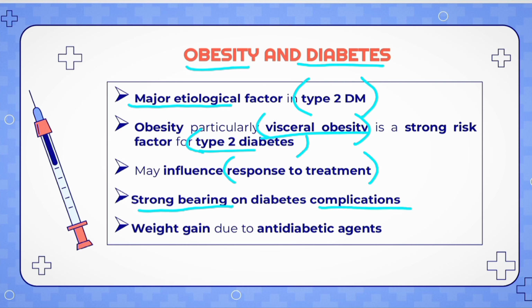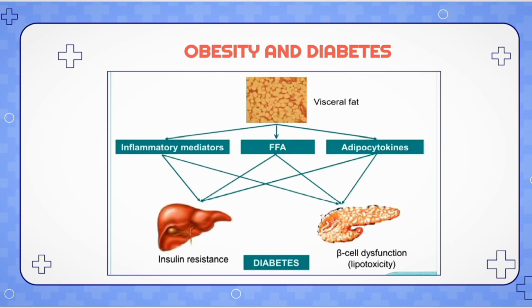It is also seen that a few of the anti-diabetic agents have an influence to gain weight, and a person can become obese or overweight due to consumption of these anti-diabetic agents. In a person with obesity, diabetes can develop due to the excess visceral fat.